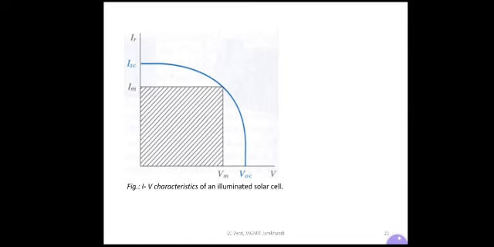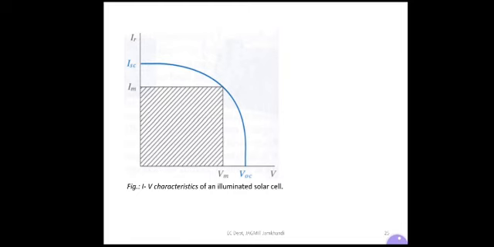The maximum power delivered to a load by this solar cell occurs whenever the product V into IR is maximum. These are the values of voltage and current, that is Vm and Im.